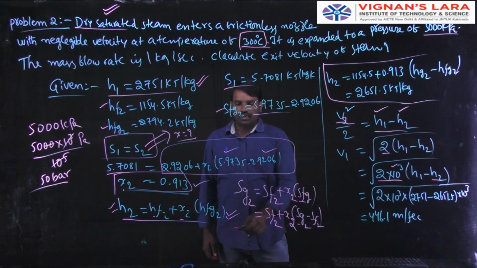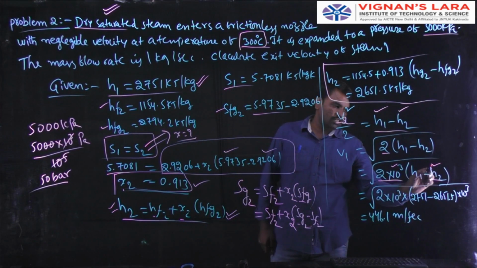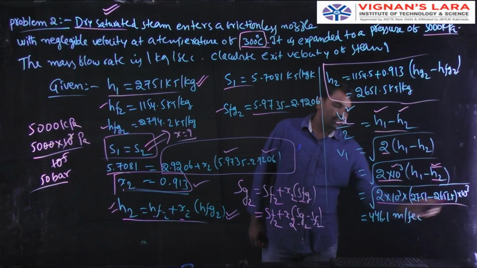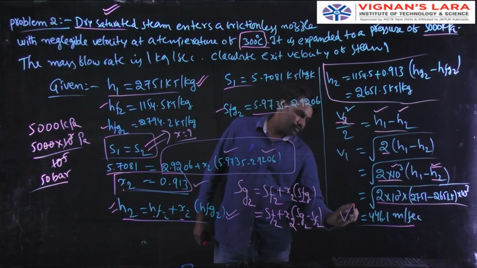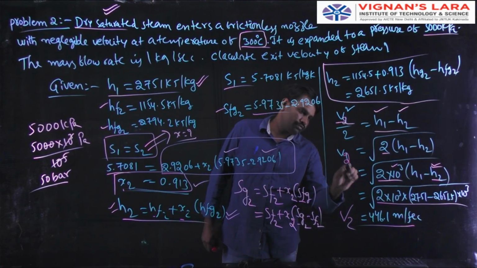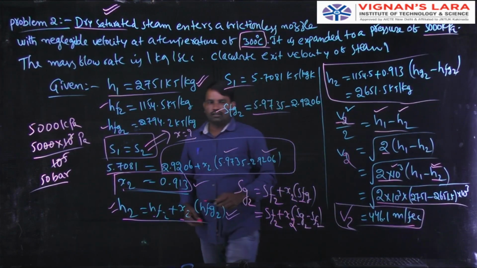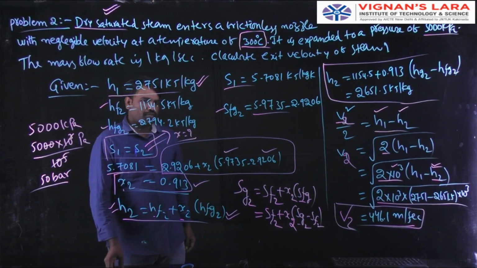After substituting these values and calculating, you can easily get the exit velocity of the steam from the steam nozzle body.